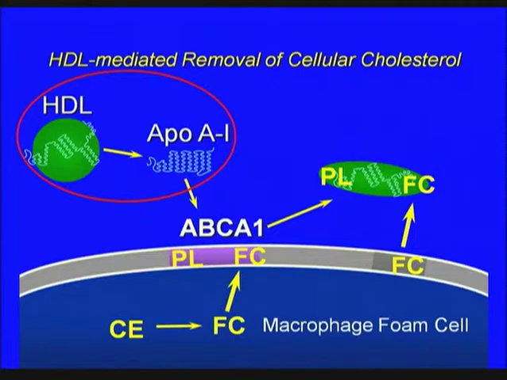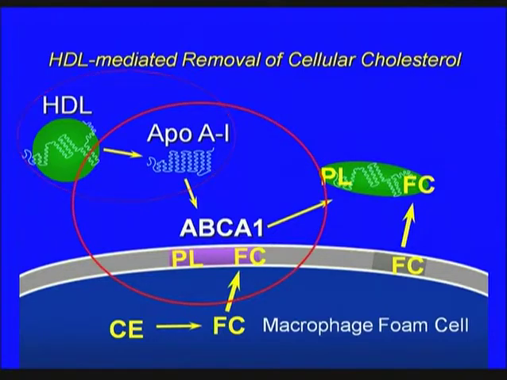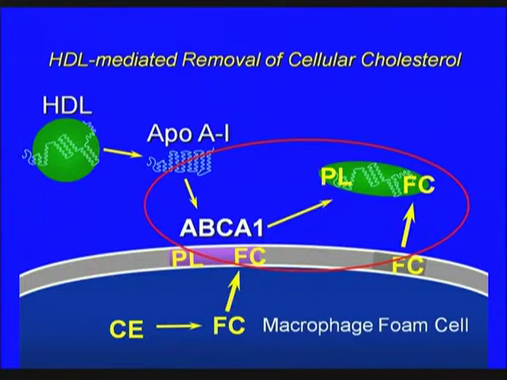In turn, this lipid-free ApoA1 interacts with a protein in the membrane of the cells to promote the efflux of cholesterol and other lipids from the cells. And so what happens is these cells generate little lipoprotein-like particles at their cell surface that take away the cholesterol together with other lipids. And this in turn depletes the macrophages of cholesterol.